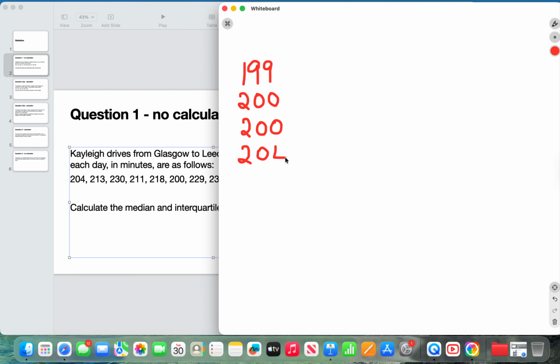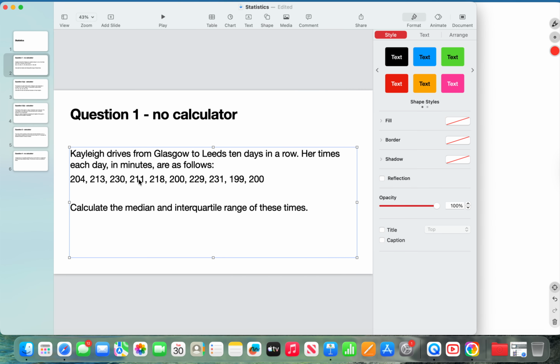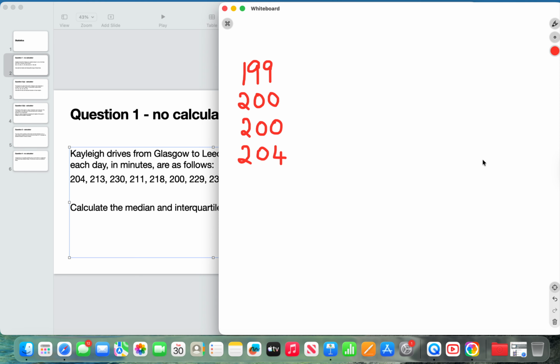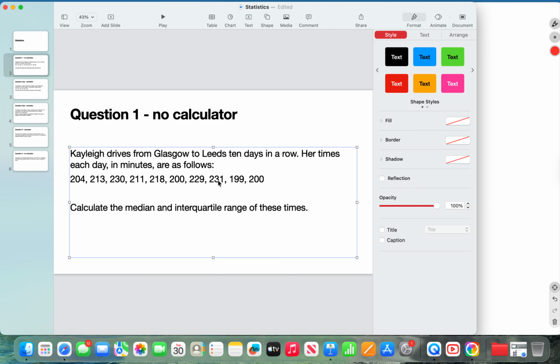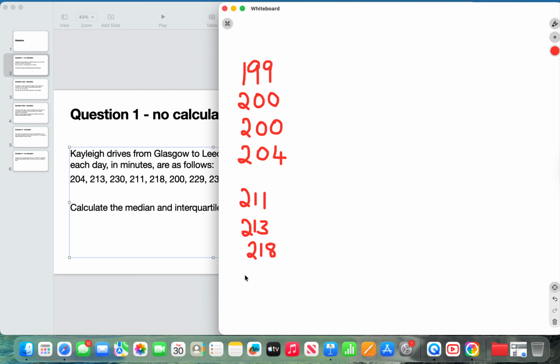Then 21, we have 211, 213 and 218. Then we have 229, 230 and 231.